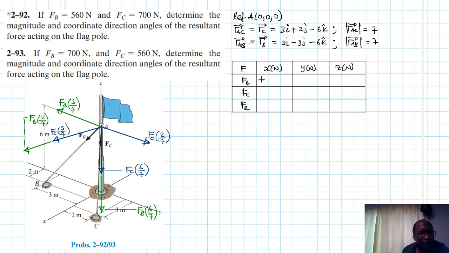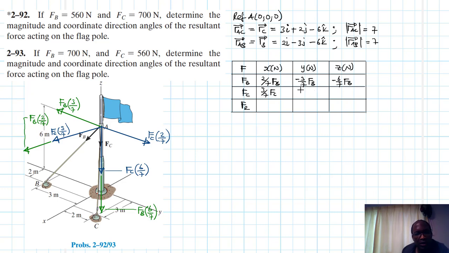FB, what's its magnitude? Of course, there are 2 cases there, so we just write it as it is. So FB is 2 divided by 7 FB, and is positive, and the y component is minus 3 divided by 7 FB. The z component is minus 6 divided by 7 FB, and then FC, we have 3 divided by 7 FC, which is positive.